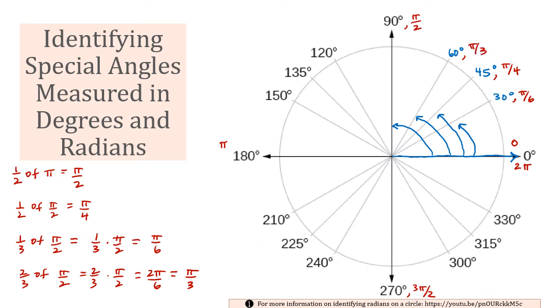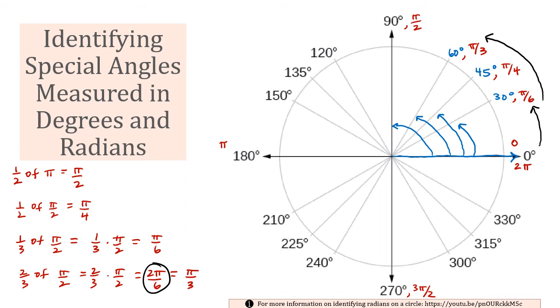Okay, so let's think about this for a second. And I'm going to try not to be too messy here, but I think it'll help if I do some drawing on here. So from 0 radians to pi over 6 is 30 degrees. And then if I go another 30 degrees, that took me to 2 pi over 6, which reduced to pi over 3.